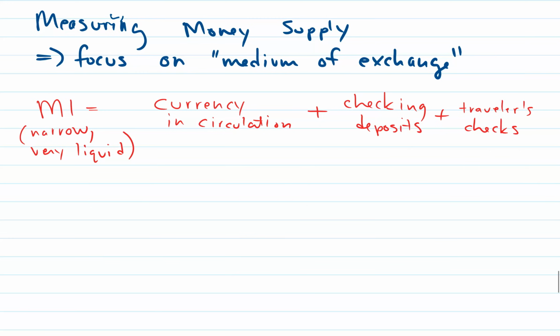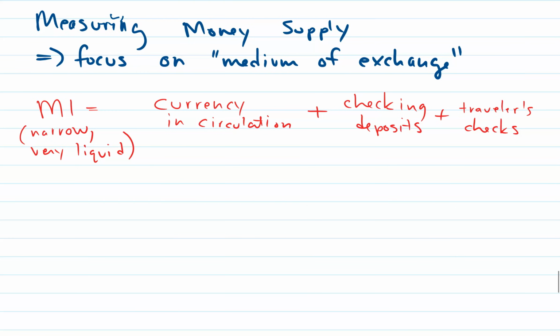I don't think I've used traveler's checks for at least 15 years. Technology has made them kind of obsolete, as you can go to ATMs pretty much anywhere in the world. But these other two are still really important. People do keep cash, and they also have money in their checking accounts.